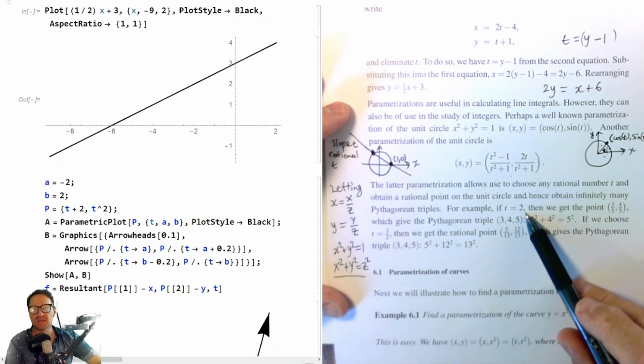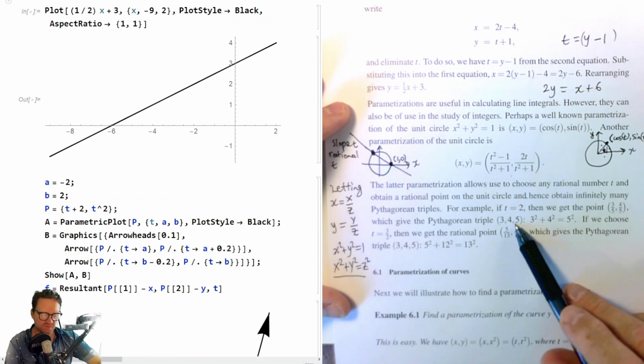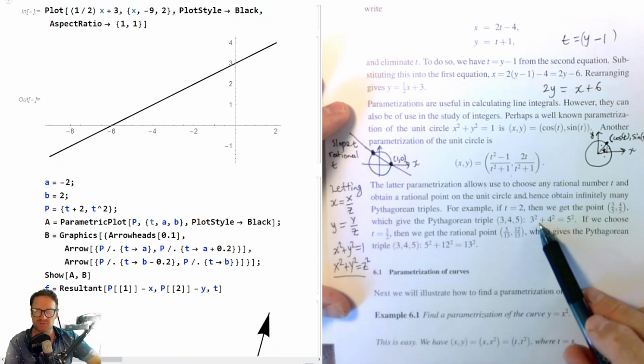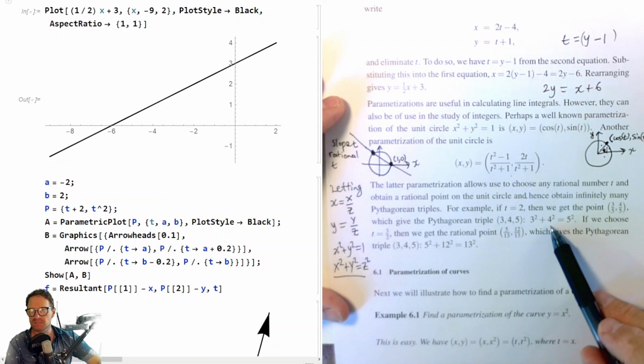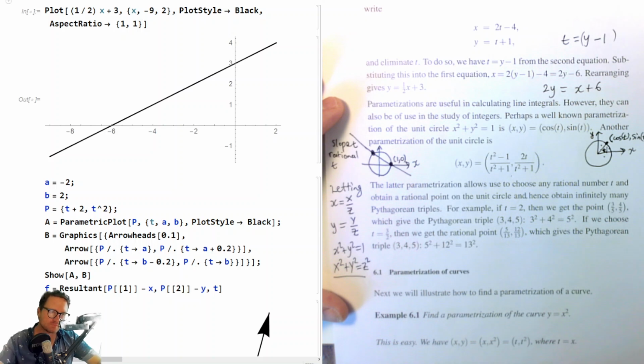So this tells you then, since there are infinitely many integers t, then there are infinitely many Pythagorean triples. Triples of integers satisfying a squared plus b squared equals c squared. So let me just show you here.